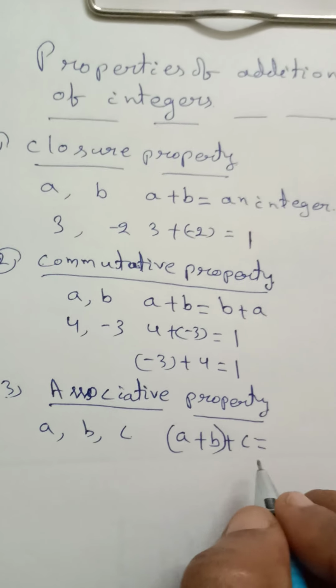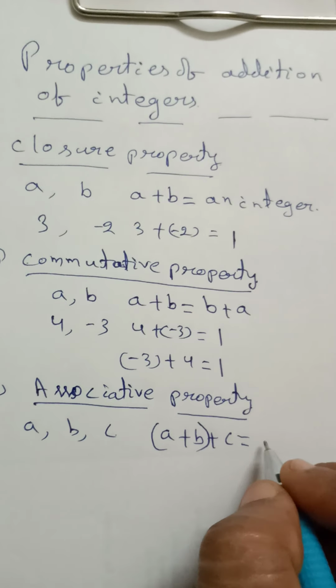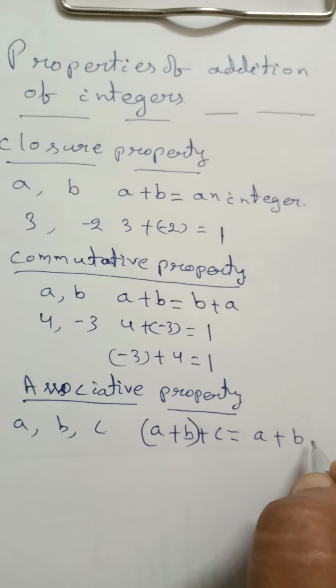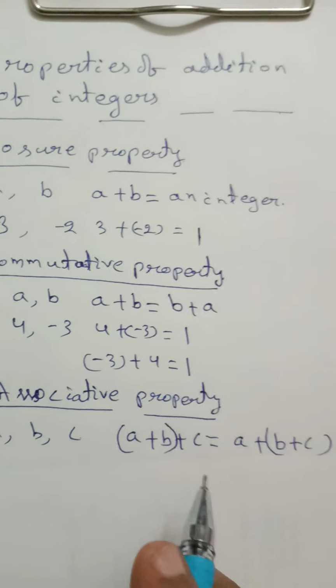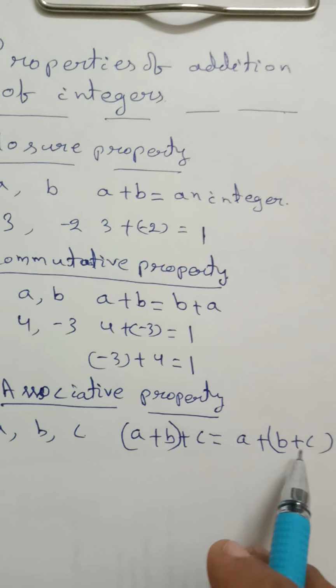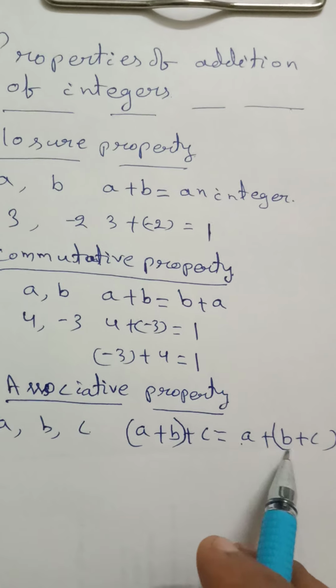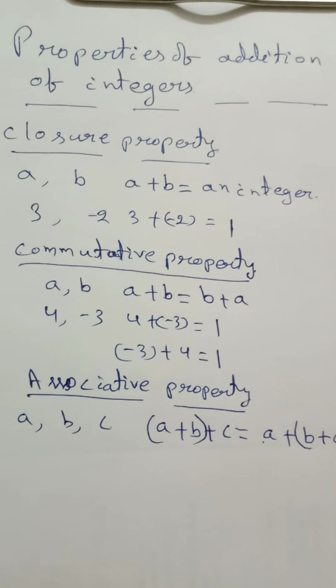If their order of addition is changed, their sum will be equal. It means first b plus c is added, then the sum is added to a. In both cases, the result will be the same.